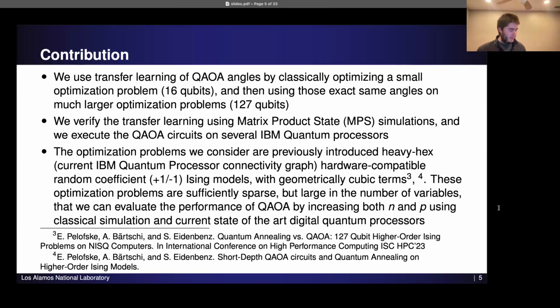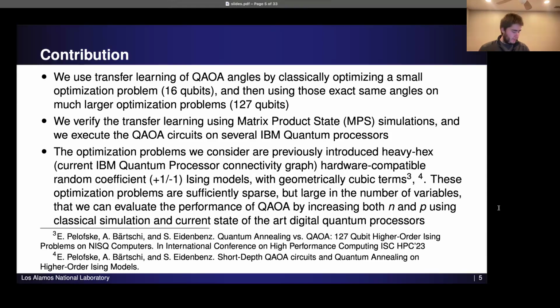The idea here is that for some class of things that are somewhat similar, parameters trained on those problems will be more similar than they are different. We are not the first ones to have looked at transfer learning or parameter transfer for QAOA. Typically in the literature, it has been examined for things like maximum cut.